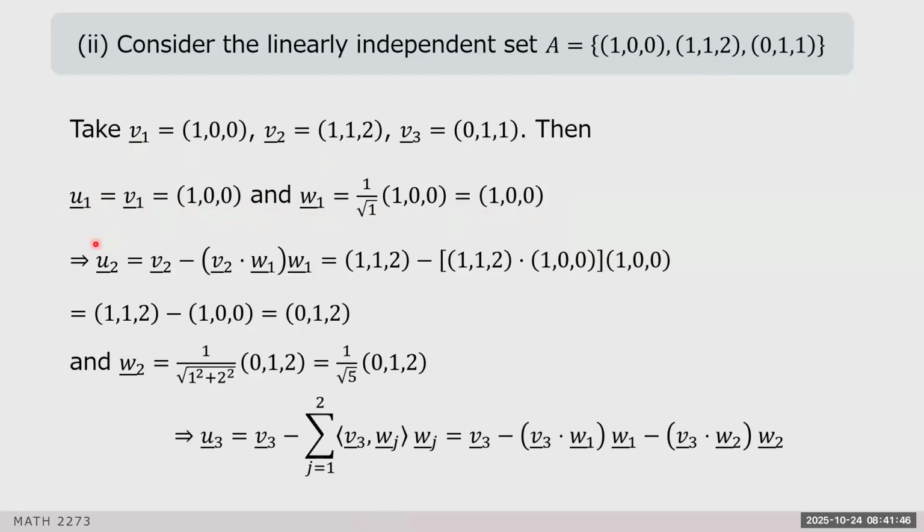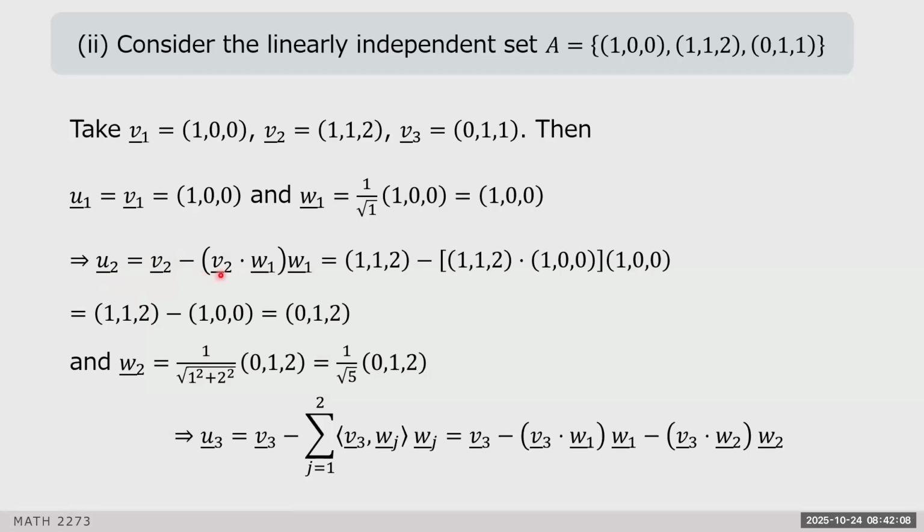Then we move on to u2. Remember how to get the u's: you fix the v's at that same level. So we have level 2. Fix v2, and subtract from v2 the inner product of v2 with all the w's that came before.